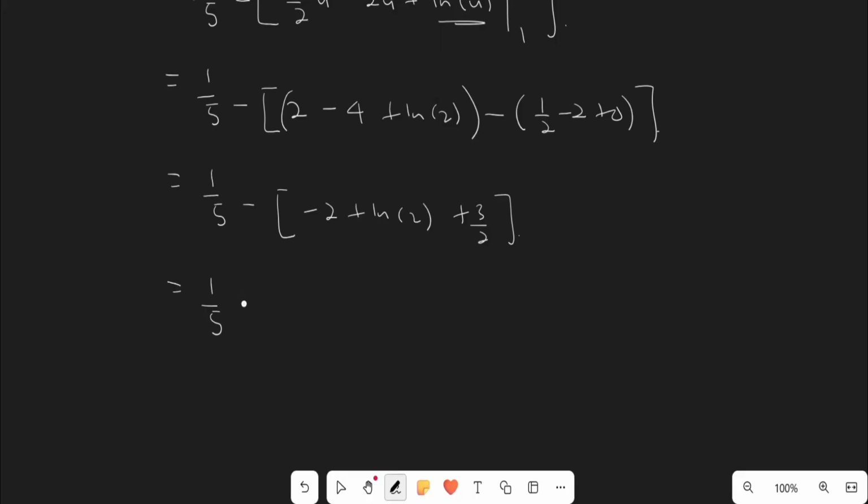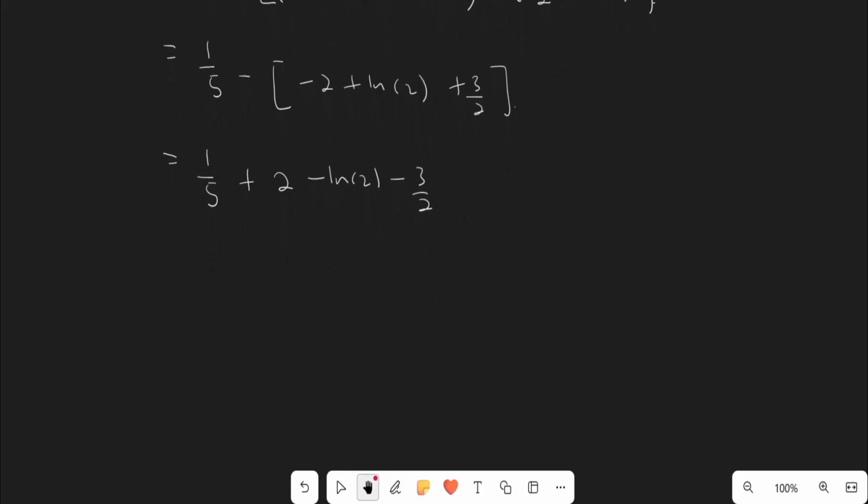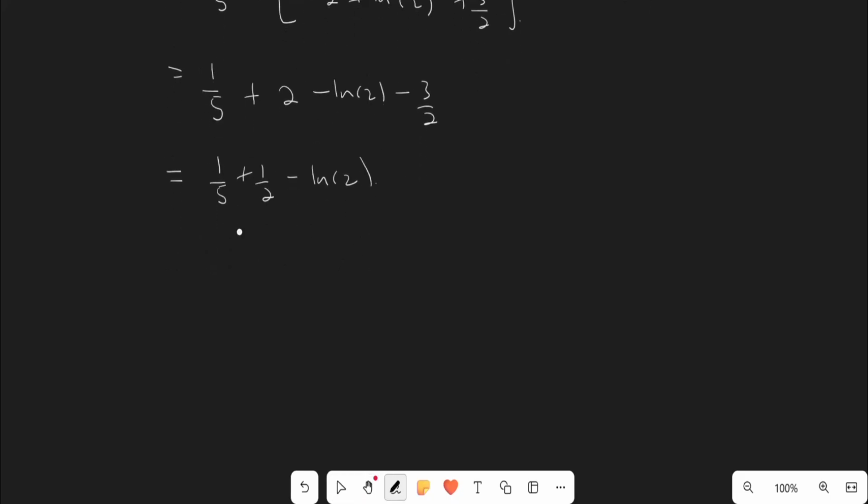So this one is going to be 1/5 plus 2 minus ln of 2 minus 3 over 2. That is opening with a negative. And what does that one simplify to? So 2 minus 3 over 2 is 1 over 2, right? So that is 1/5 plus 1/2 minus the ln of 2. And this one simplifies to 7 over 10 minus ln of 2.